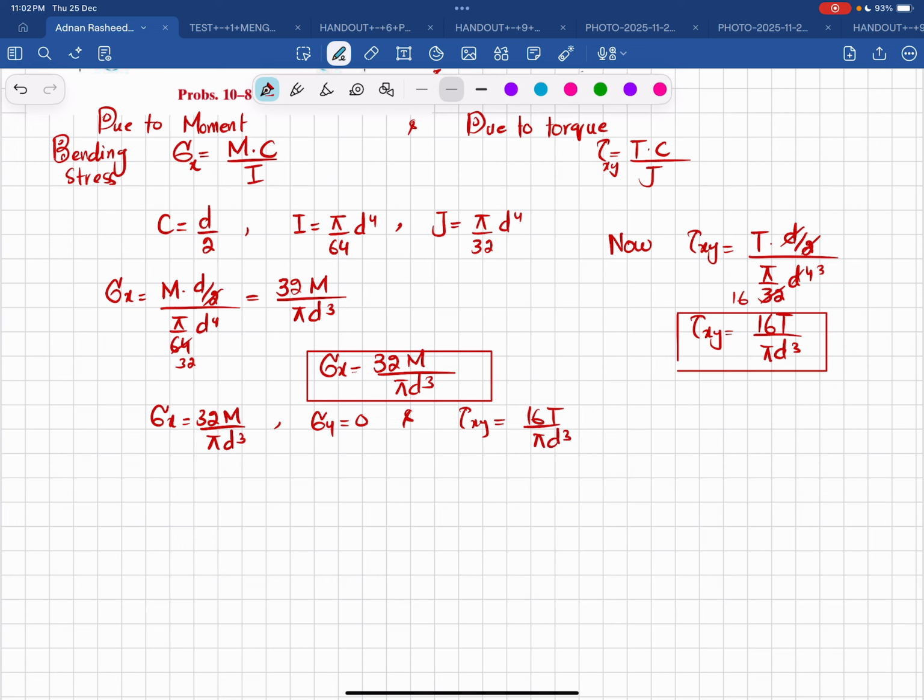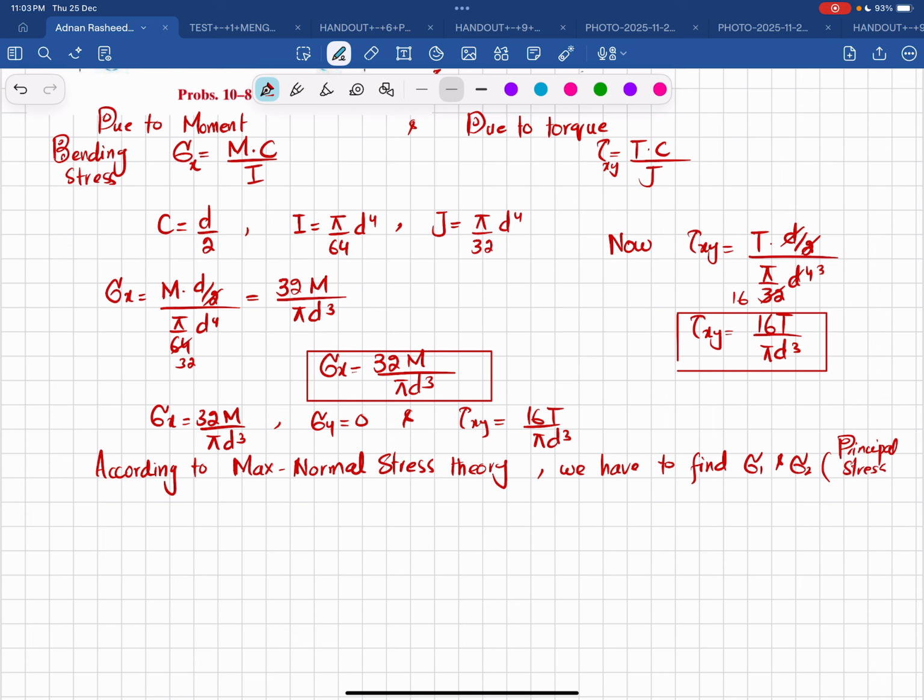Now according to the maximum normal stress theory, we have to find sigma 1 and sigma 2, which are the principal stresses.